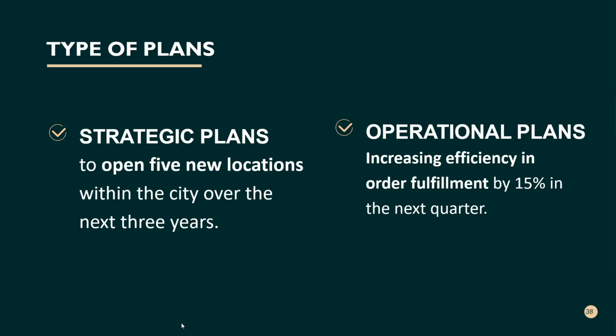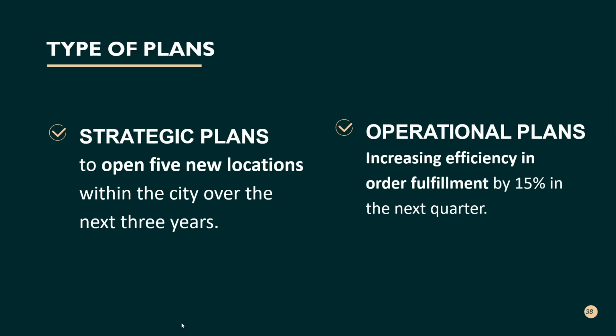Example, ang strategic plan dito is to open 5 new locations within the city over the next 3 years. Example, ito para sa coffee shop. Okay? So mag-open daw sila ng 5 new locations within the city over the next 3 years. That's the strategic plan.